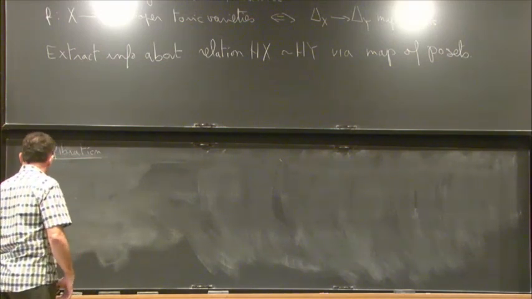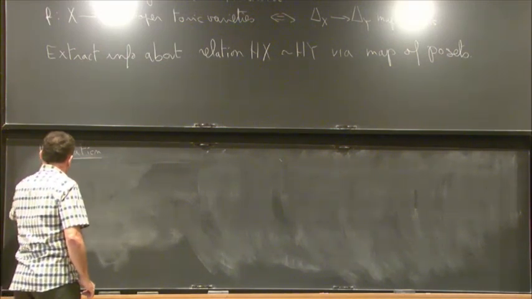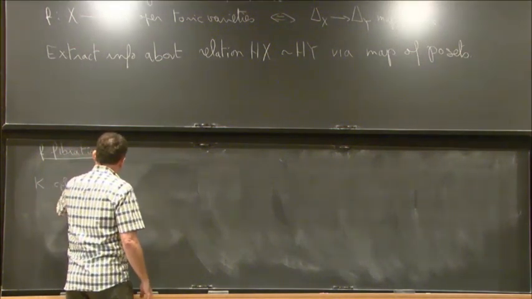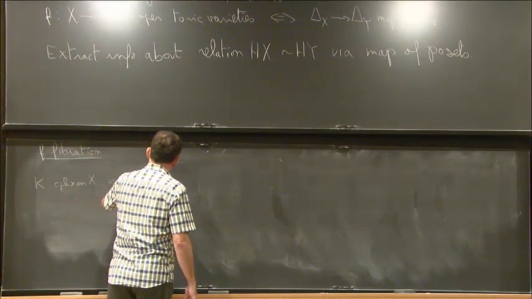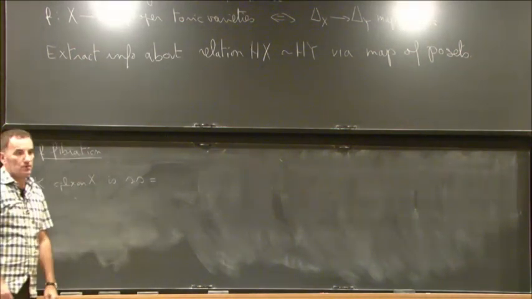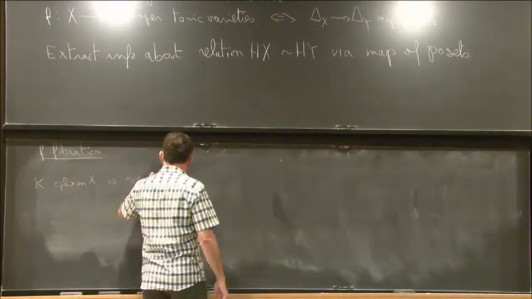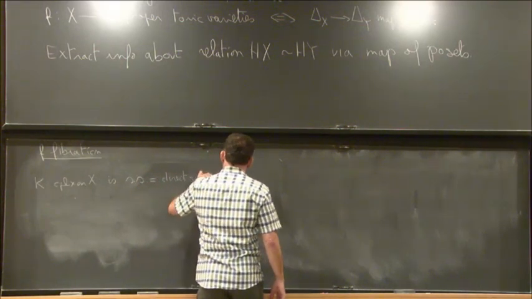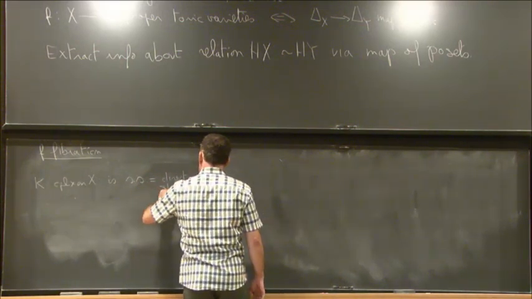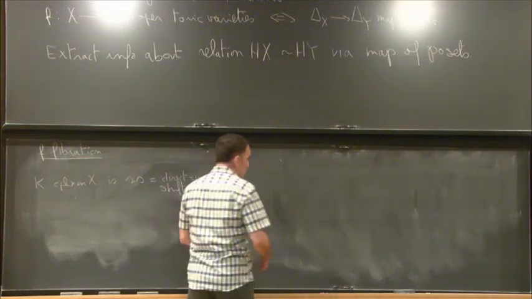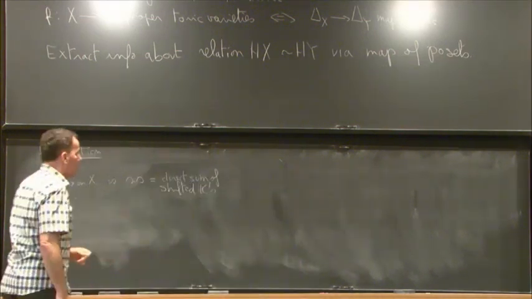A complex of sheaves on X, constructible, is semi-simple if it's a direct sum of shifted intersection complexes with twisted coefficients, which are semi-simple.